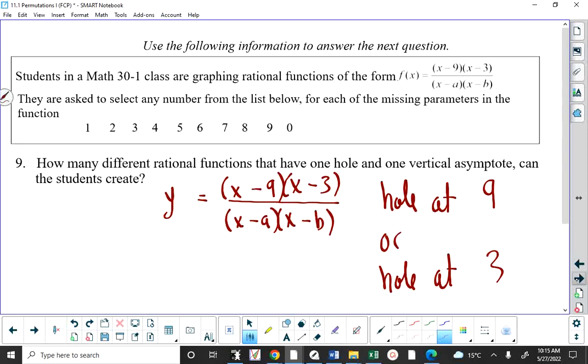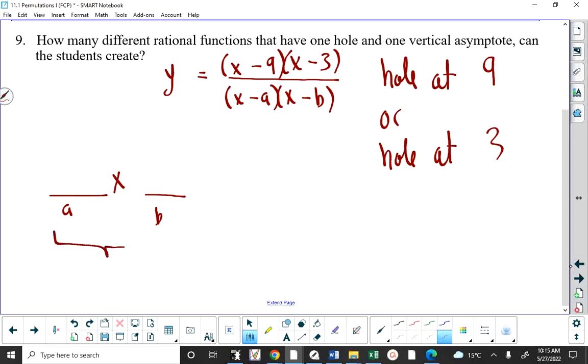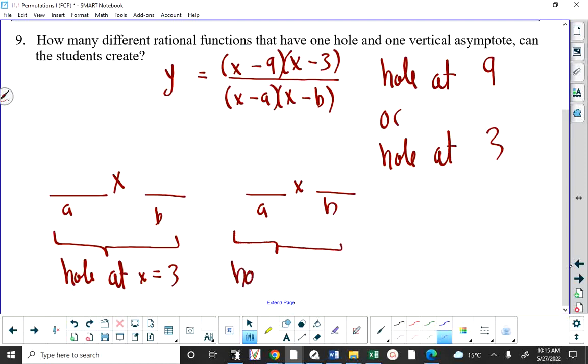So if I have a hole at 9, that means one of these has to be a 9. Okay? So what we're going to do here is have a and b. We have to choose something for a and something for b to get a hole at x equals 3. We're going to do a and b. This is a and this is b for a hole at 9.